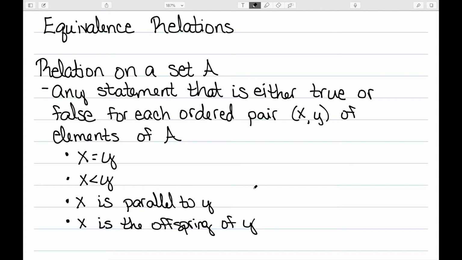An equivalence relation is going to be a special kind of relation. For an equivalence relation, we usually denote it by this tilde symbol. So we would say x is equivalent to y. And so this is how we talk about elements being equivalent in our equivalence relation. So an equivalence relation is a relation with three properties.